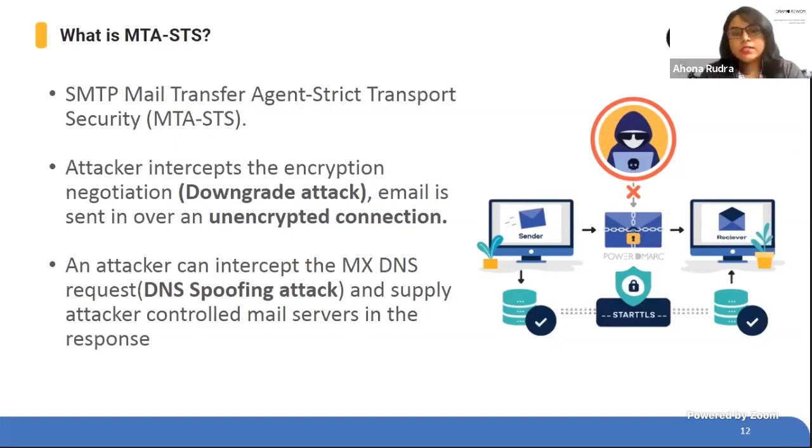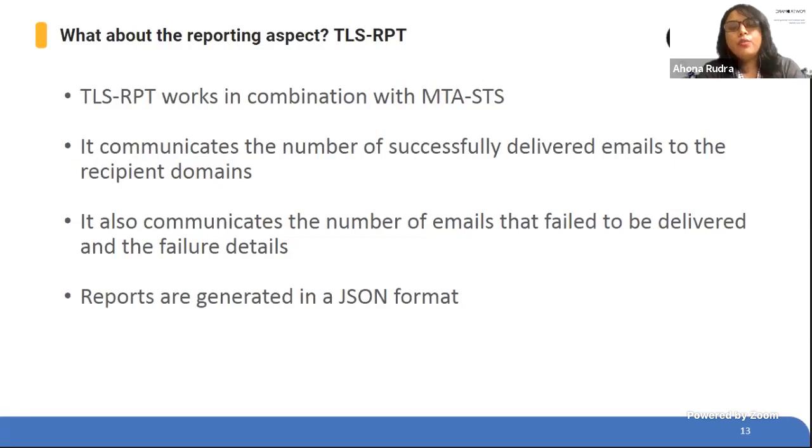Now, when MTA-STS is implemented, there is actually no way to notify you if messages are not being delivered to you. So there can be a problem in negotiating a secured connection, and your email may not get delivered if you have MTA-STS implemented. And as a domain owner, you may not be able to know if the message was delivered or not.